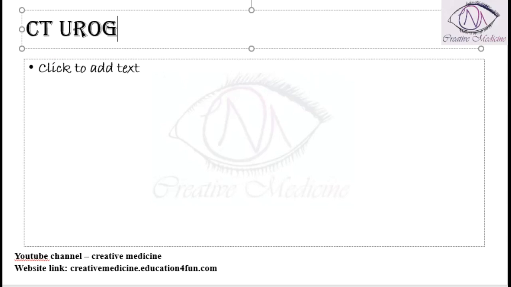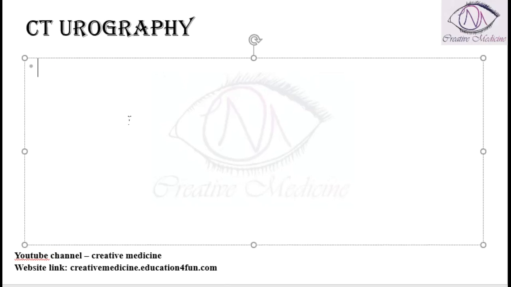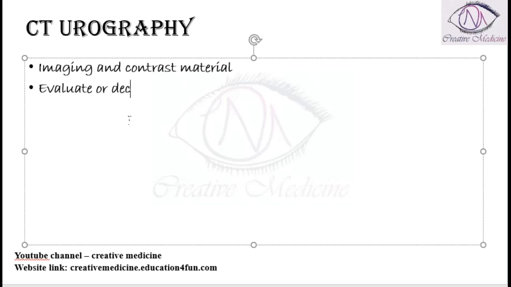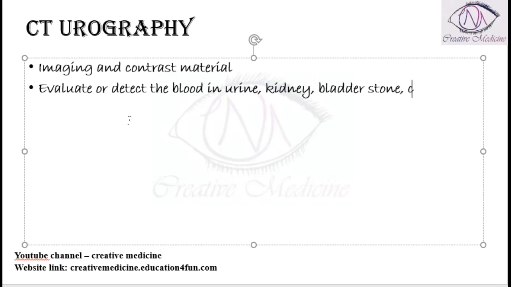In CT urography, this mainly uses imaging, and also you can put in a contrast material. By this CT urography we can evaluate or detect blood in the urine, kidney or bladder stones, or cancer in the urinary tract.